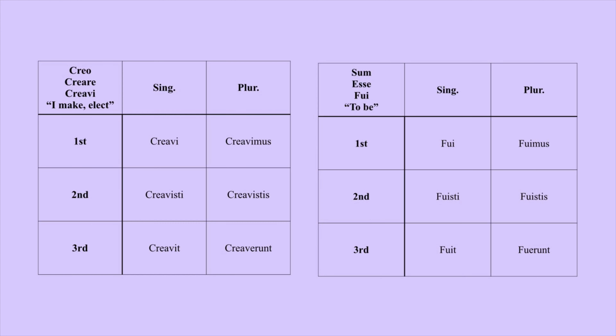And this is the same for the irregular verb sum, esse, fui, to be. So we take fu-, we add the endings: fui, fuisti, fuit, fuimus, fuistis, fuerunt. This would translate as I was, you were, he, she, it was, we were, you all were, they were.